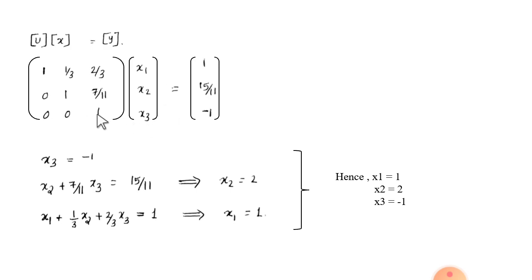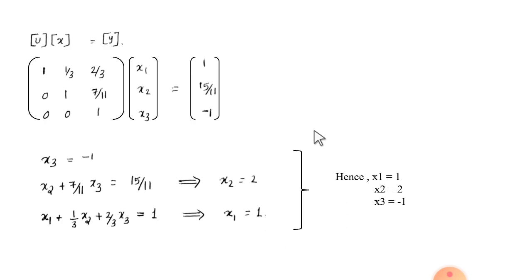Doing matrix multiplication, multiplying this third row into this column, you will get the value of x3 equal to -1. Then multiplying this row with this column, you can find the value of x2, and multiplying this row with this column, you can find the value of x1.